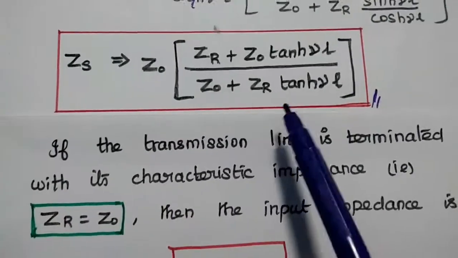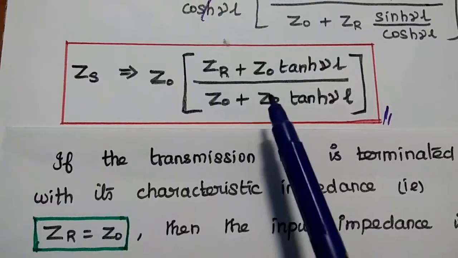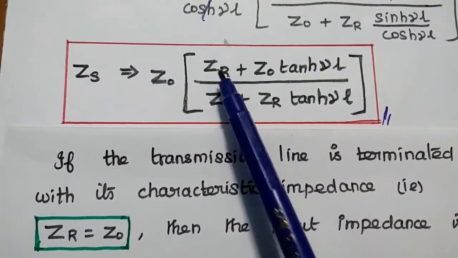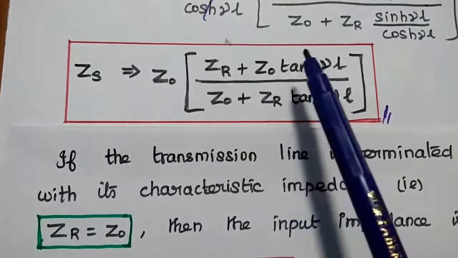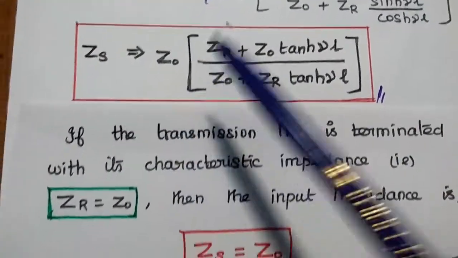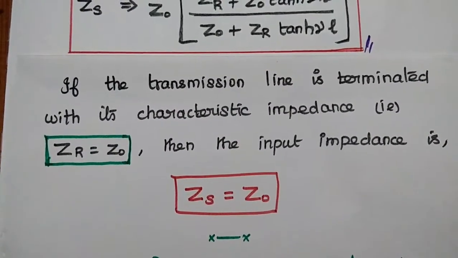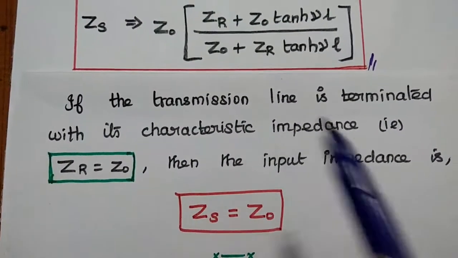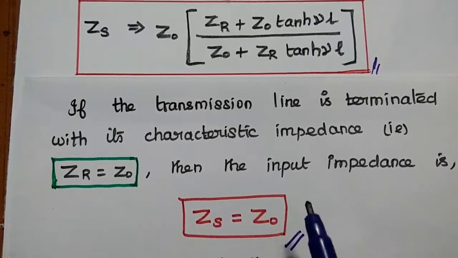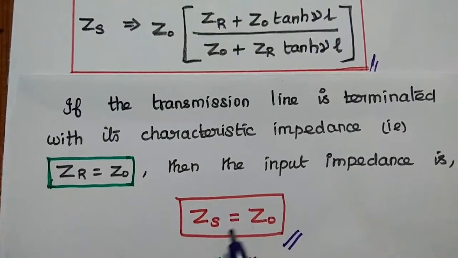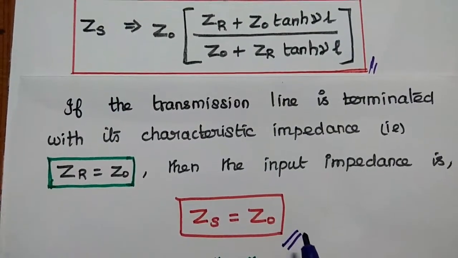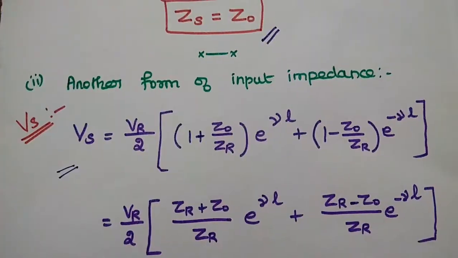Because with the termination Zr equal to Z0, here it is Z0, here it is Z0, both cancel each other, and then we have Zs is equal to Z0. So that is the important condition over here: if the transmission line is terminated with its characteristic impedance, its input impedance is also equal to the characteristic impedance.